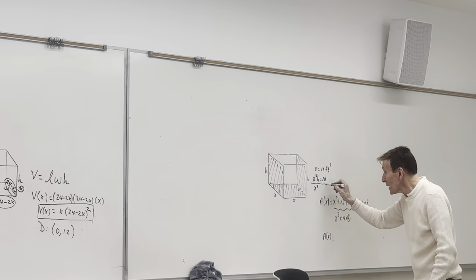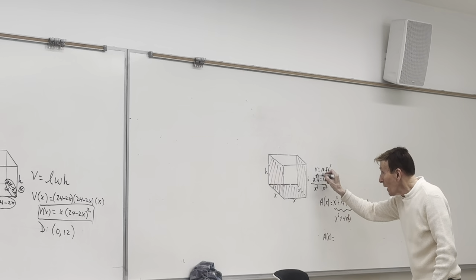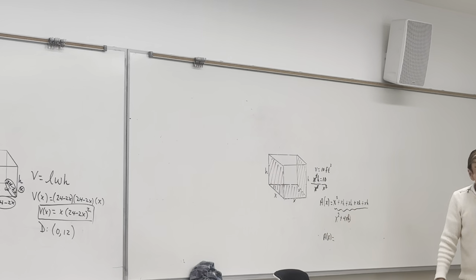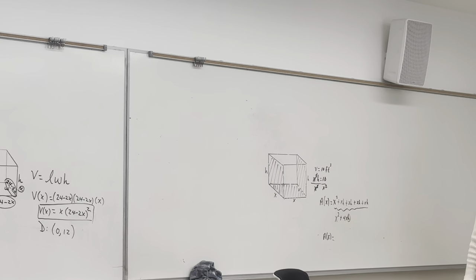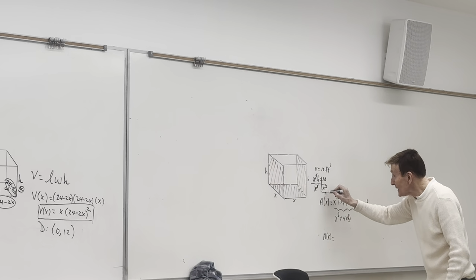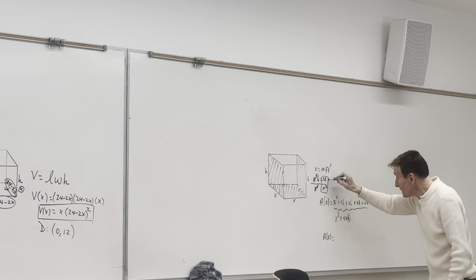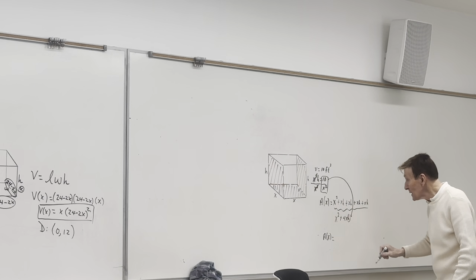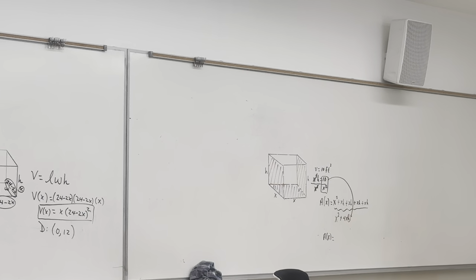Divide both sides by x squared. There's h. And now, since I have it, we need it, take it down, and substitute h with it. And now rewrite my function, now it should be all in terms of x.